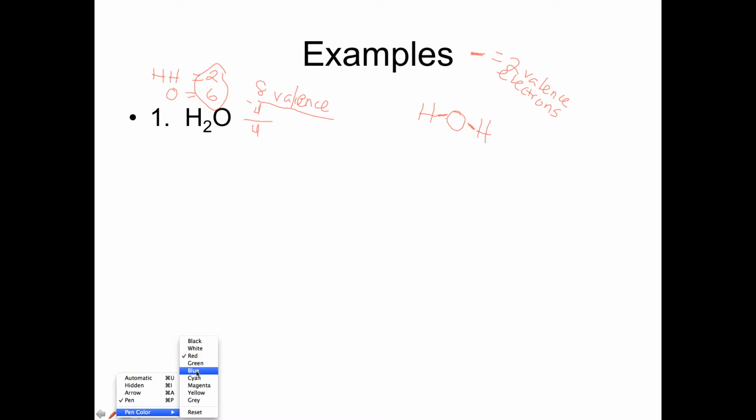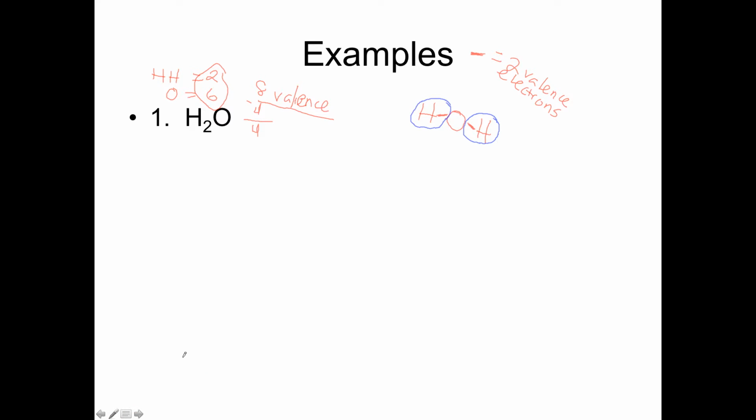Now, this hydrogen right here has 2 valence electrons because it's sharing electrons with that O. And this hydrogen over here also has 2 valence electrons. It is sharing those 2 with the O. So I'm actually not going to add any extra dots around the H's.